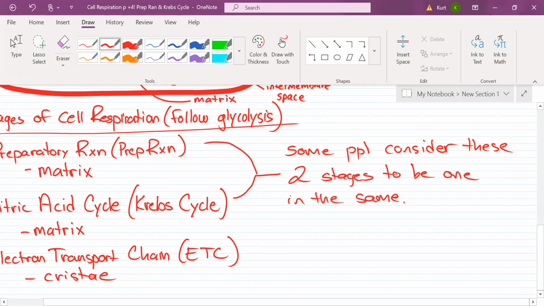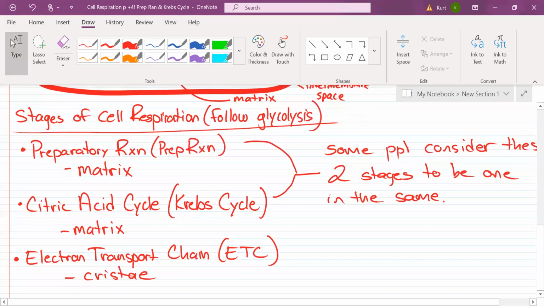So there will be times where you will see it may seem as if the prep reaction was completely skipped, when it wasn't really skipped. It just means that they wanted to make it part of the citric acid cycle. But the reason why it's called the prep reaction is you are preparing for the Krebs cycle. So we're going to distinctly separate the two of them so you know what's happening in the prep reaction and how that leads to the citric acid cycle.